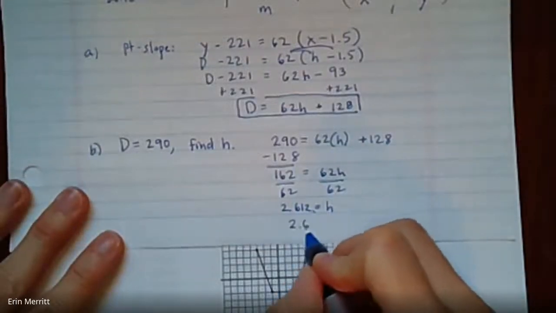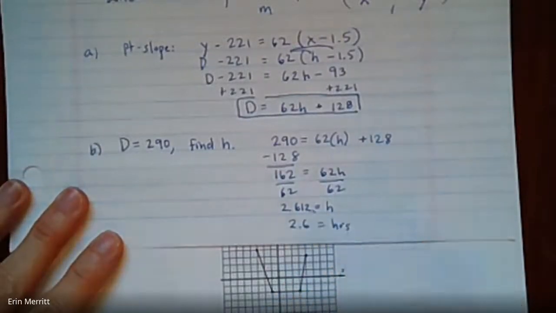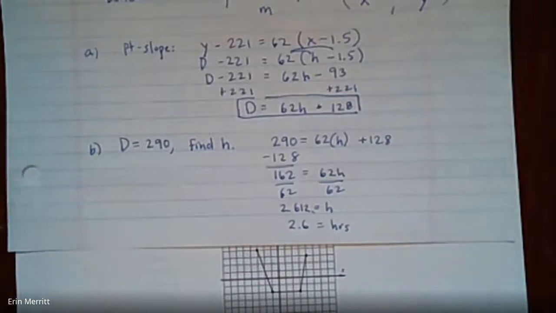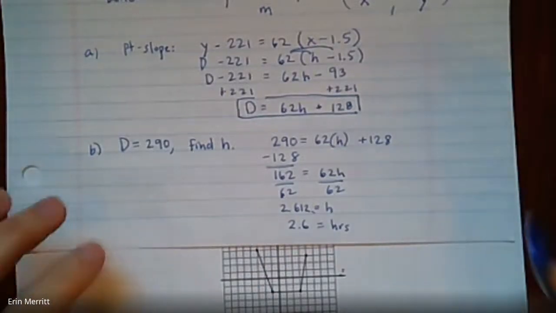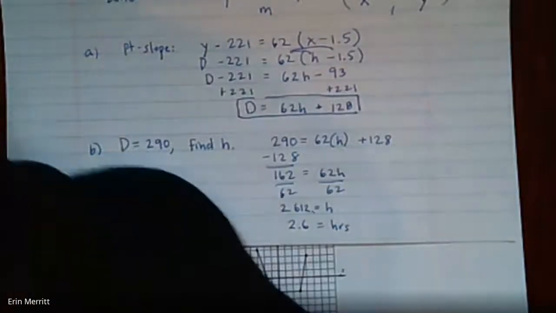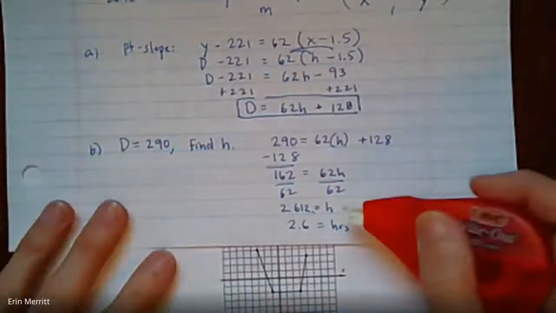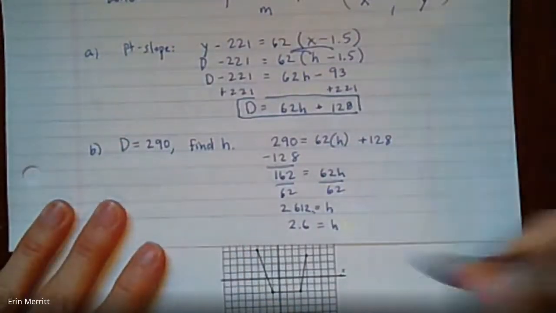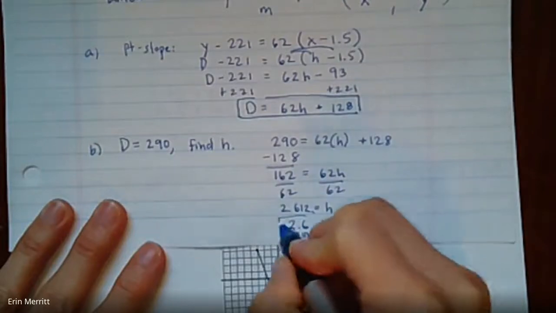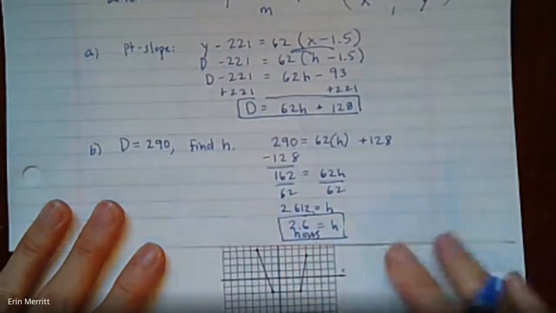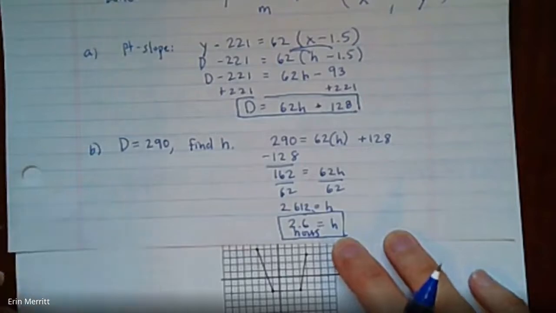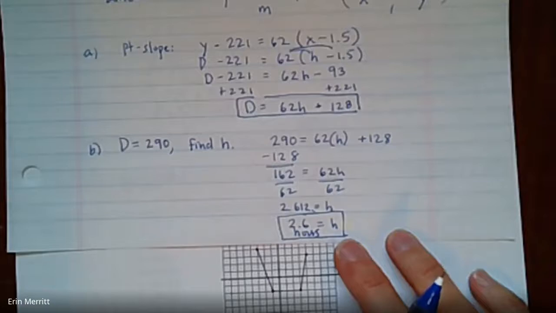So we're going to say about 2.6 hours. So if you could kind of guesstimate what that is, 2.6 hours, I don't know, like 2 hours and 30 something minutes, something along those lines. And you have to keep in mind, he's already been driving for an hour and a half. So he's got another 2.6 hours, they're saying, until he reaches Buffalo.